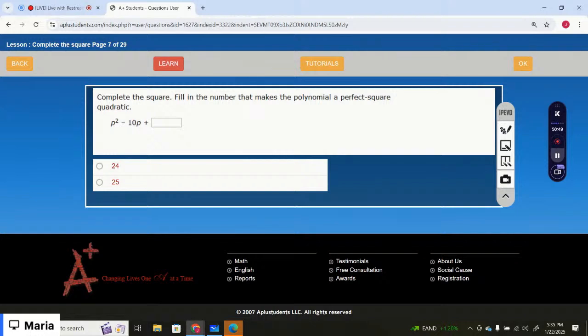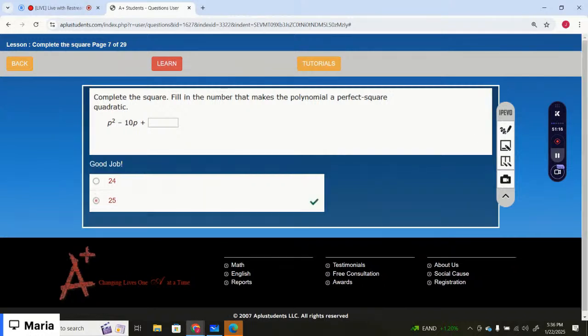P square minus 10p plus missing number equals. That is 25. Option number 2 is the correct option.